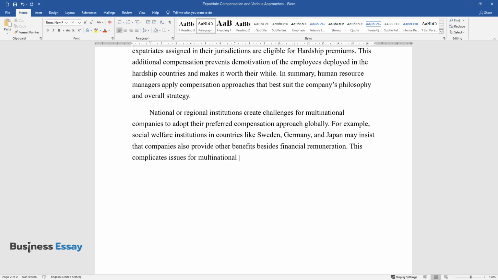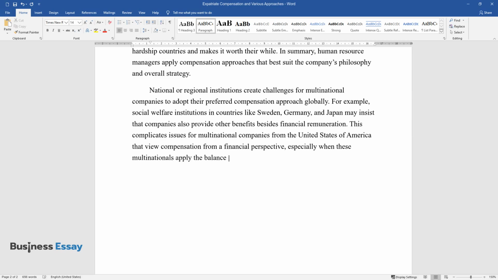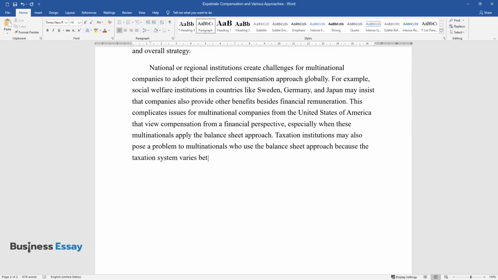This complicates issues for multinational companies from the United States of America that view compensation from a financial perspective, especially when these multinationals apply the balance sheet approach.